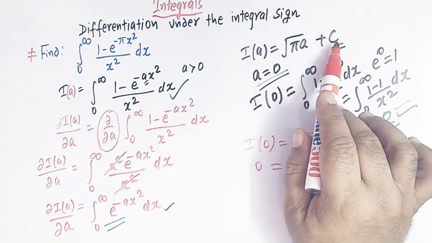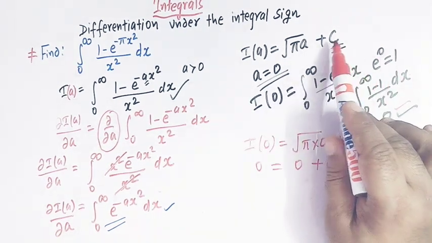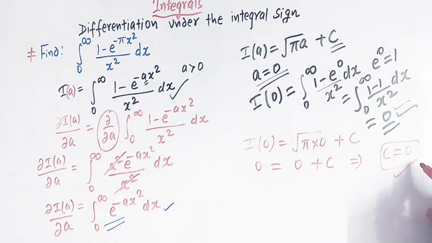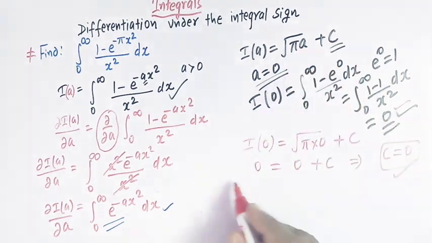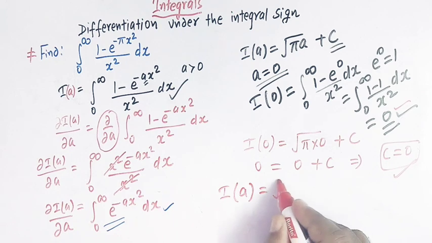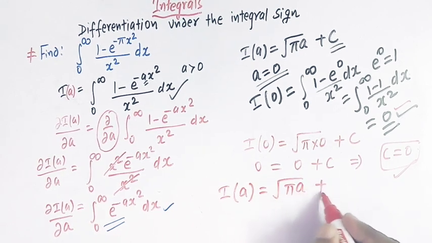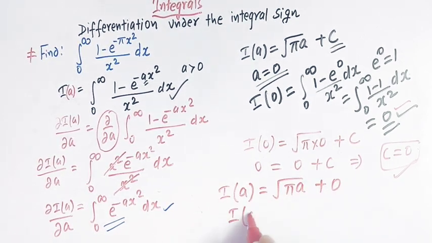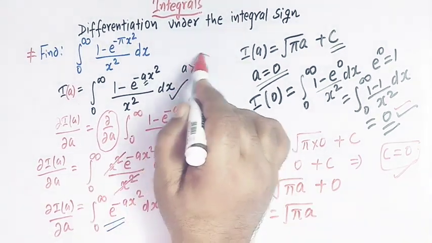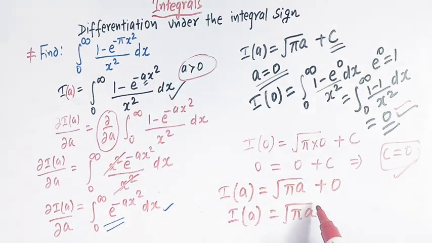So we see that the value of the constant of integration is 0. So taking this c is equal to 0 in this equation, we have I(a) is equal to square root of pi a plus 0, that is I(a) is equal to square root of pi a. And remember a is greater than 0, right?